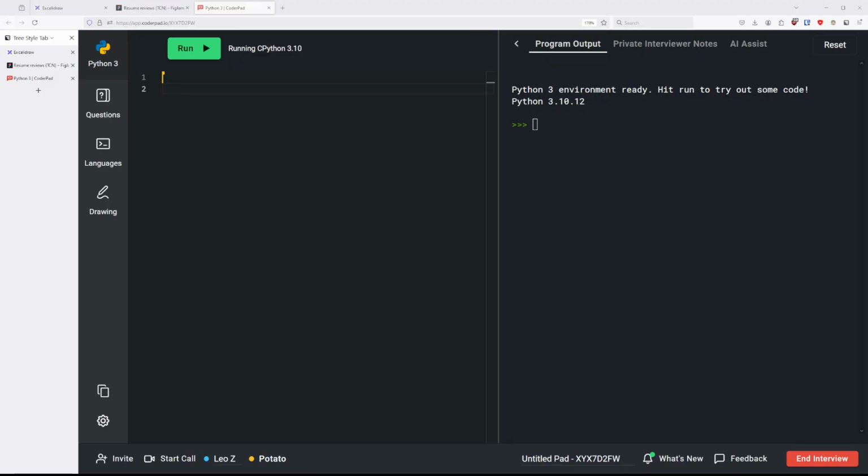Great. Okay. So the first problem is a Leetcode problem. I want you to write me a function called find center. Find center is a function, and you're going to take in a list of edges. The list of edges is represented as a list of int.